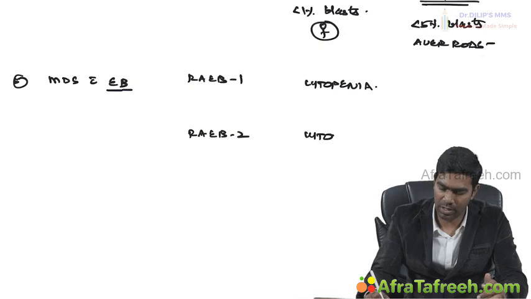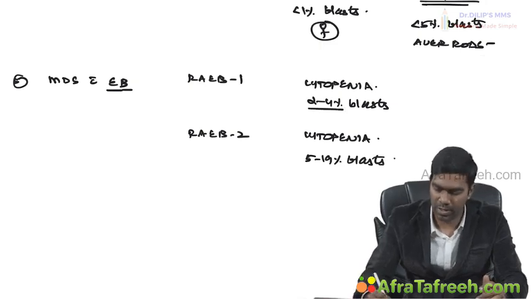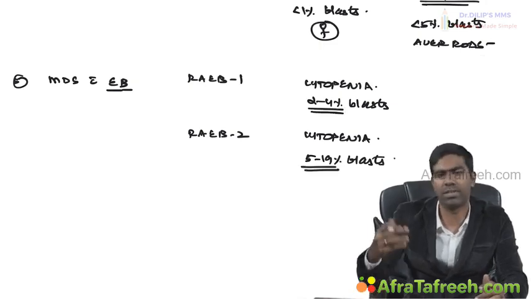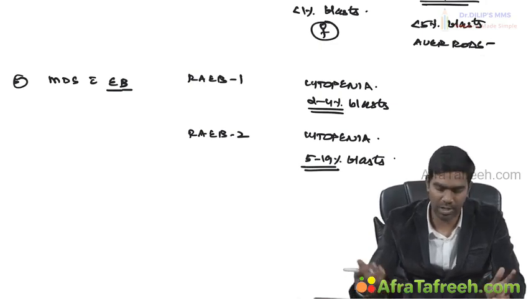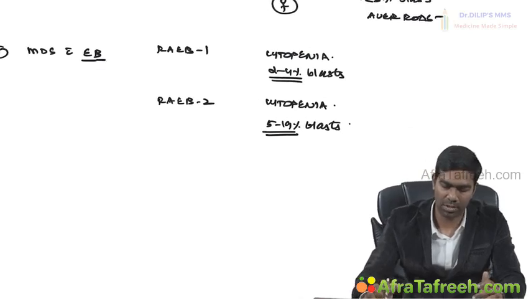But remember, here you are going to see 2 to 4% blasts, and here you are going to see 5 to 19% blasts. So definitely the blasts are increased. In previous types, you have seen less than 1% blasts, and suddenly blasts are increased to 2 to 4% and 5% up to 19%.